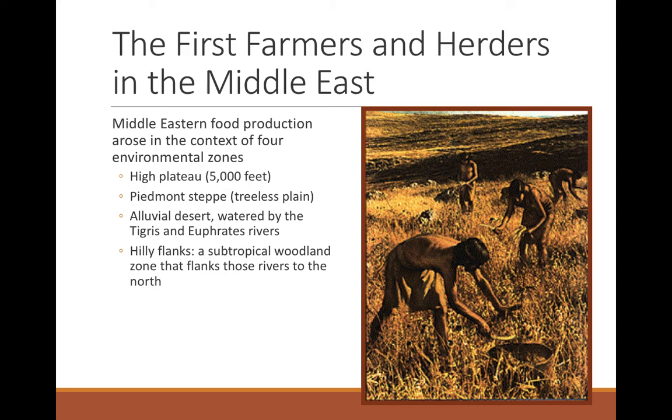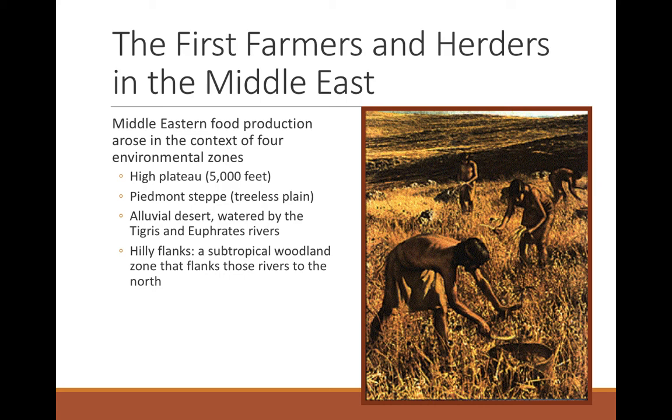So, in the context of the Middle East, we've got four environmental zones that are really, really close to one another. We call it, and we'll specifically have this on another slide, a vertical economy. What that means is that elevation helps to mediate changes in climate and growing season over a mountainside.